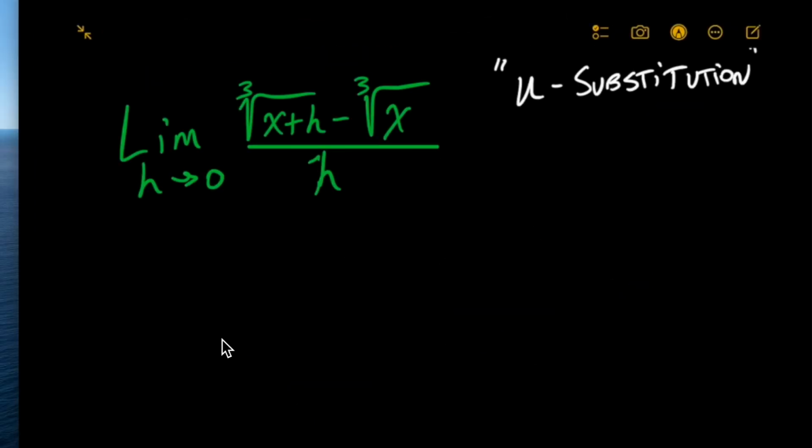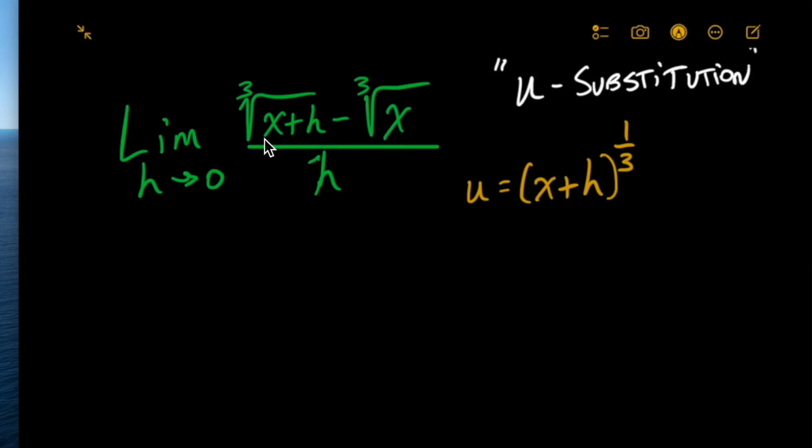Okay, folks, if you're like me, you will find that previous method that we used very cumbersome. So let me show you another way to do this using U substitution. This is not the difference between perfect cubes, so we cannot use our identity. But what we can do is let U equal x plus h to the 1/3 power.